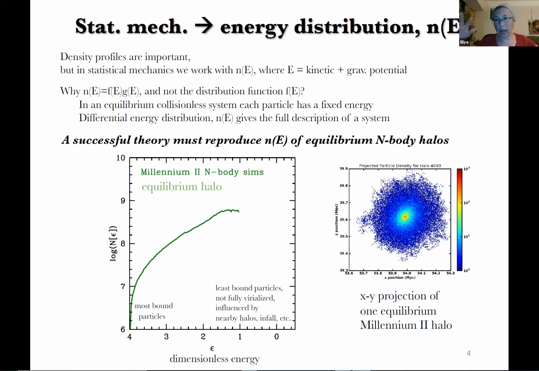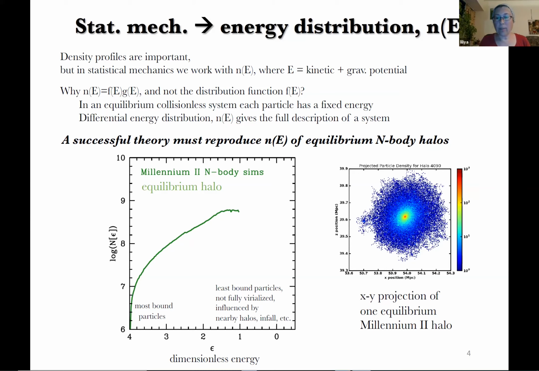These are on the outsides of dark matter halos, and in any cosmological setting, it's going to be less virialized stuff. There'll be material infalling, possibly smaller halos that are interacting. So this part of the energy distribution is not well virialized, and you wouldn't expect a theory to describe this end very well. But this end should be described very well by any theory that you want to come up with.